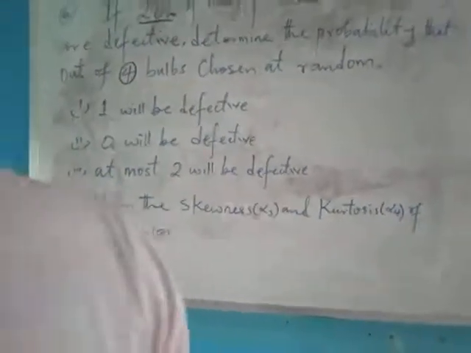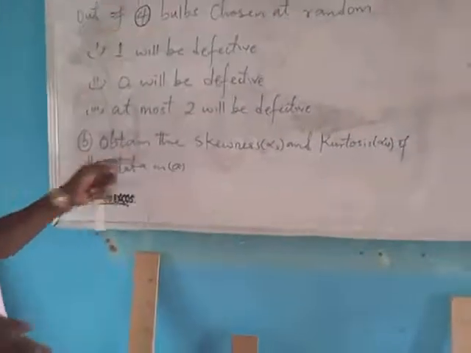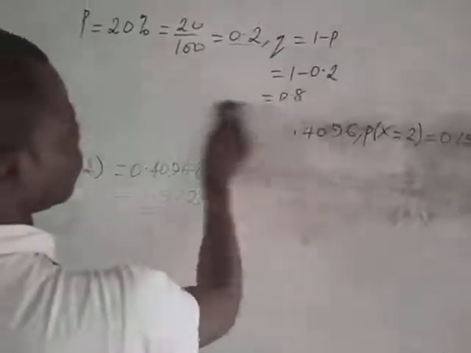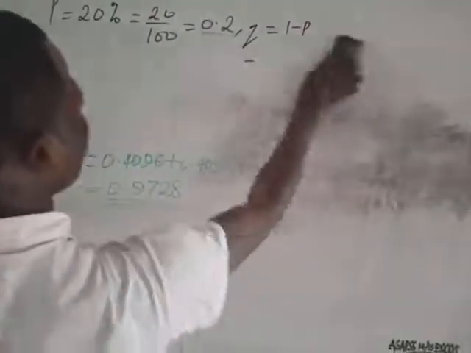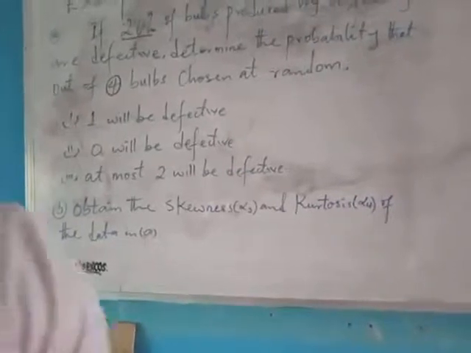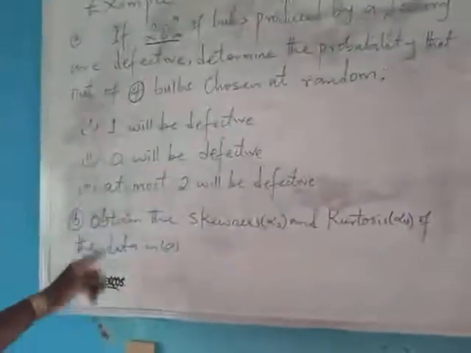So we are done with question A. Now let's move to B part of the question. The B part of the question says you should obtain the skewness and the kurtosis in this data. So how do we obtain the skewness? This is the formula for calculating the skewness.